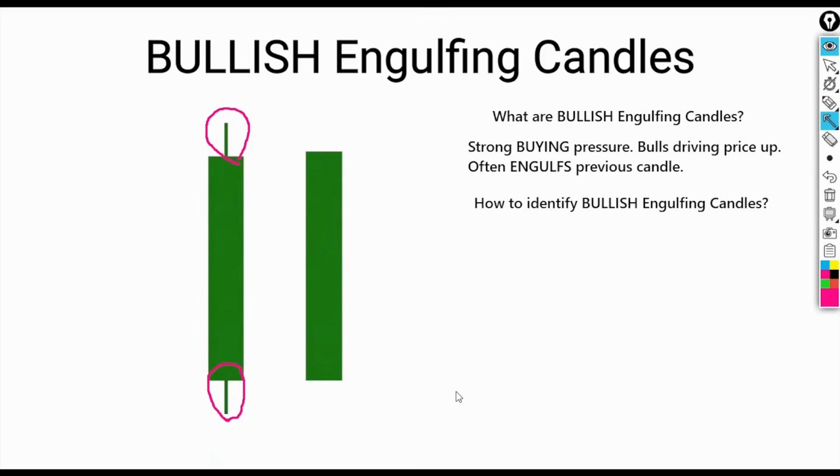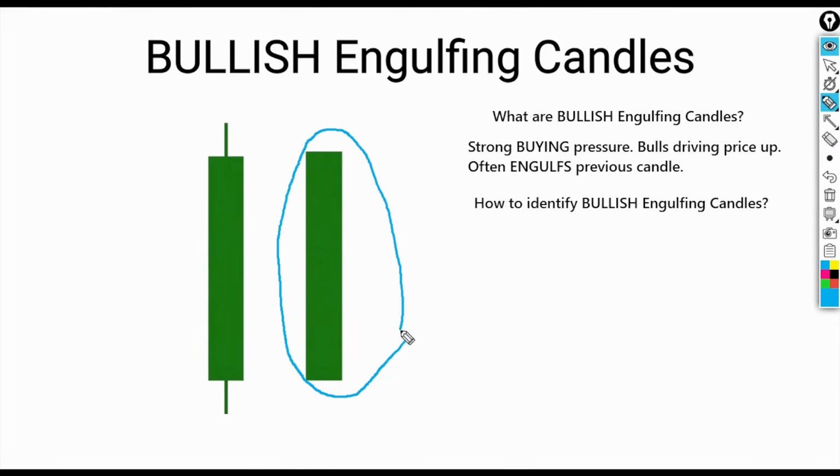Bullish engulfing candles come in all different shapes and sizes. Some of them have upper and lower wicks, some of them just have upper wicks, some of them just have lower wicks, and some of them have no wicks at all, like this one. So whether a bullish engulfing candle has wicks or not doesn't actually matter. What makes a valid bullish engulfing candle is the long green body.